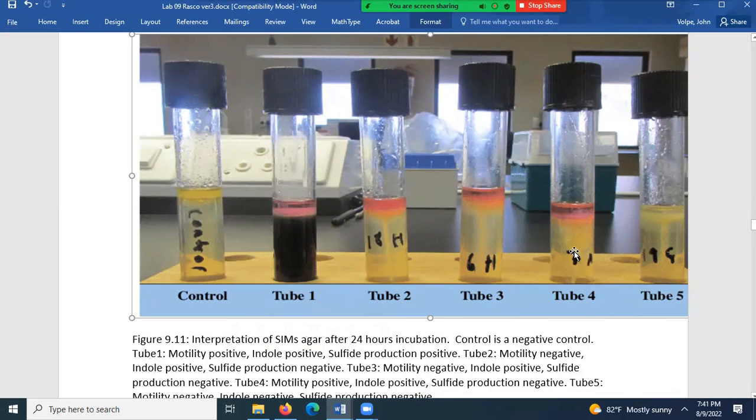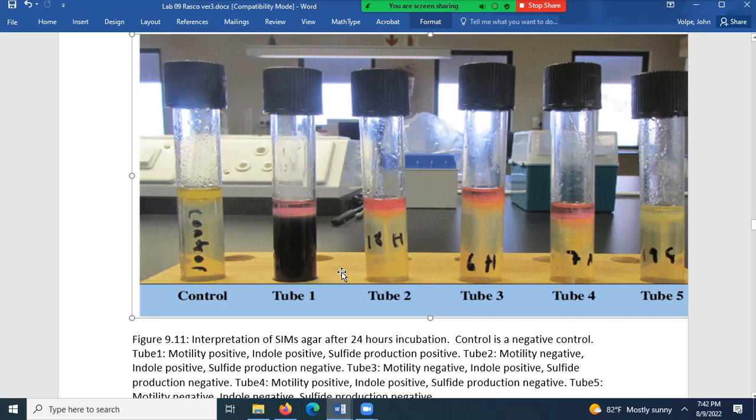Tube 4, here's the stab, and you see how we have growth right here and right here. So this is motile. Tube 1 is motile, that's why it's black everywhere. So in the motility, you look on the stab, and if the bacteria is only in the stab, it's not motile. If it's growing away from the stab, it's motile.